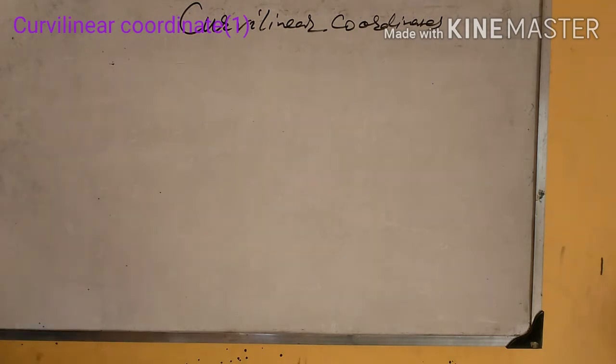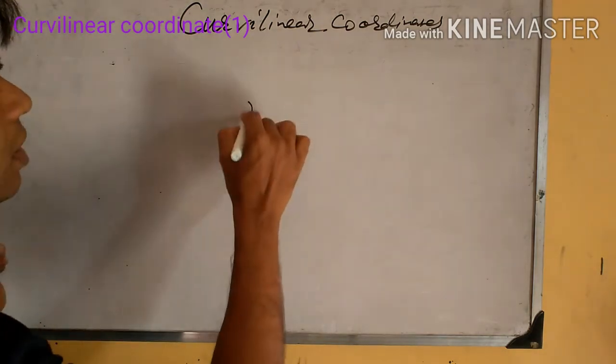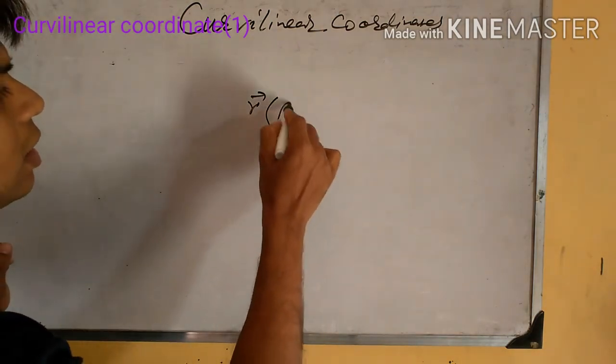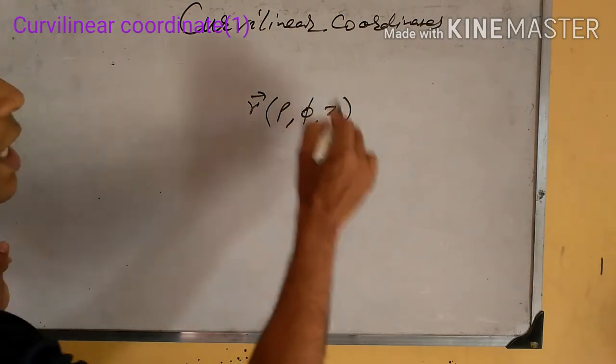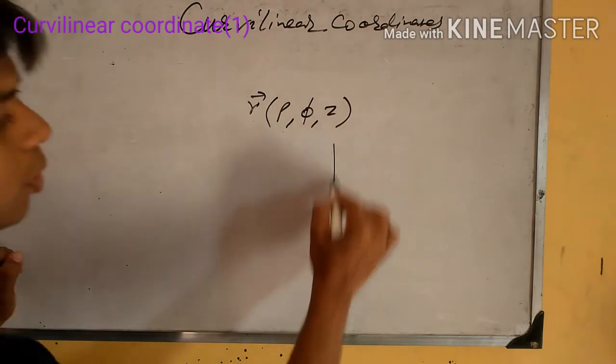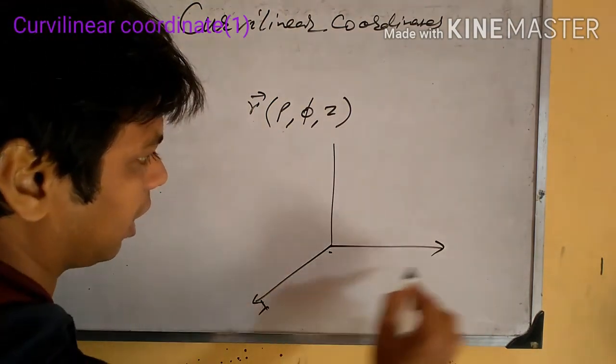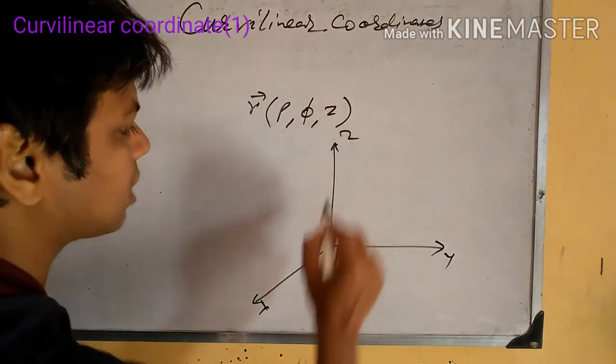Now, if we shift ourselves to the cylindrical coordinate system, having the position of a point R that is a function of rho, phi and z. This is the xy plane and this is the z axis.